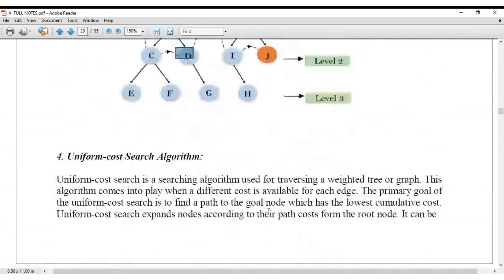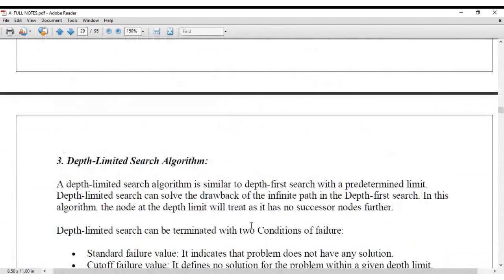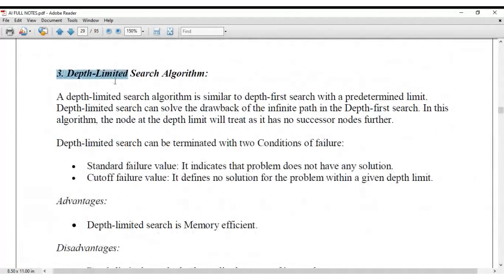The solution for depth first, because of the case for infinite search spaces, is the depth limited. As the name suggests, it can only go to an agreed or required depth. And if there's no solution being found, it does what? It goes to the next level instead of going deep and deep, and it never arrives. Okay, so it's called the depth limited, a depth that is limited. I think these names are very well named. You're able to understand.